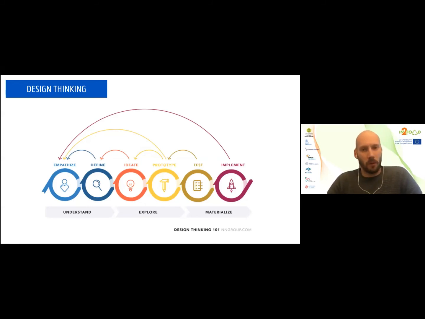So we observe, we ask people about their lives, about their needs, about their desires, about their wishes, and we build personas. Personas are models of our users that can help within the design process to represent these users and take their message, their stories with us.